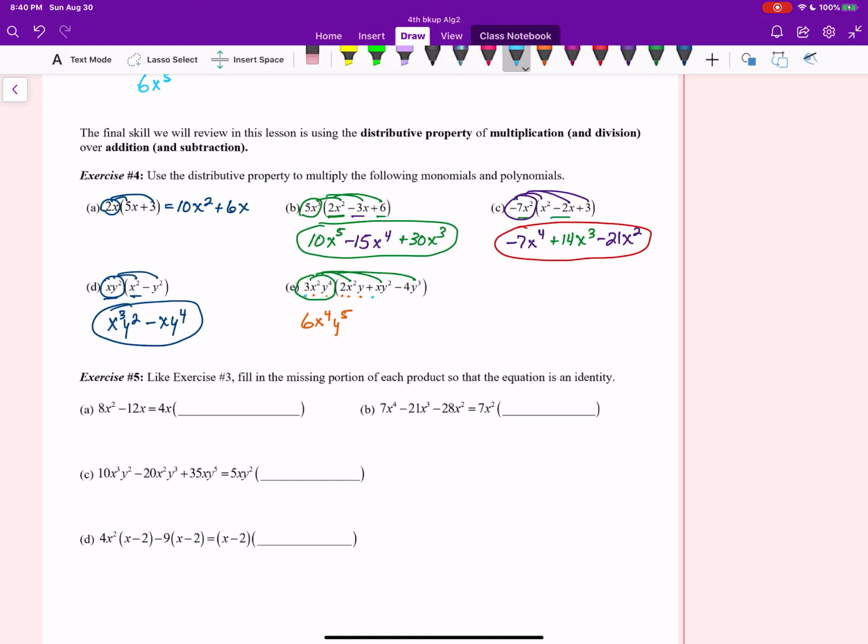Three times 1 is positive 3. x squared times x to the first is x to the third. y to the fourth times y to the second is y to the sixth.